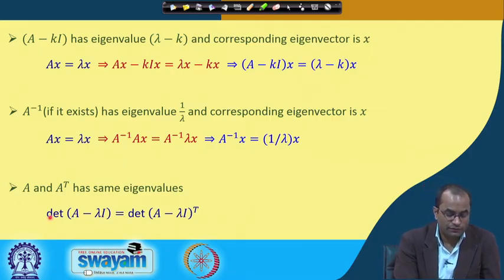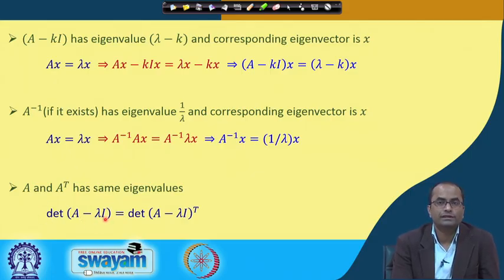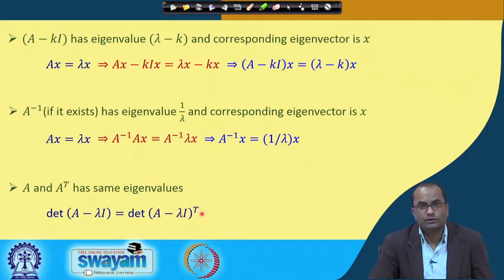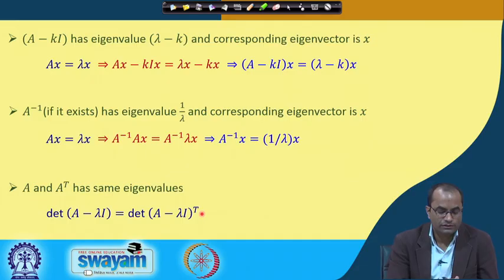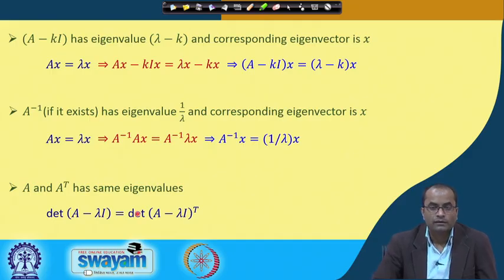Here, for this characteristic polynomial, we know the property of the determinant: the determinant of the matrix A minus lambda I will be the same as the determinant of its transpose. So, the transpose does not change the determinant of a matrix. That property we have used here.